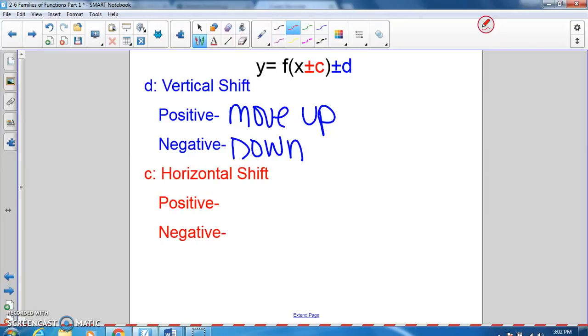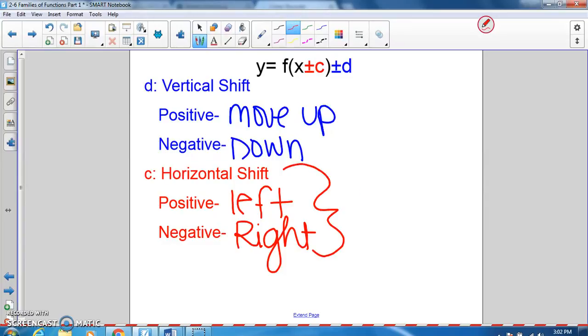If our c value is positive, we're going to move to the left. And if our c value is negative, we are going to move to the right. When we're working with horizontal, we are going to be working with the x coordinate, and when we are working with vertical, we are going to be working with the y coordinate. That's it.